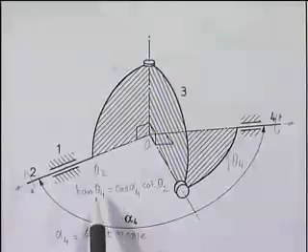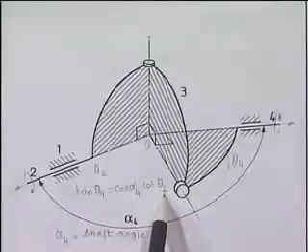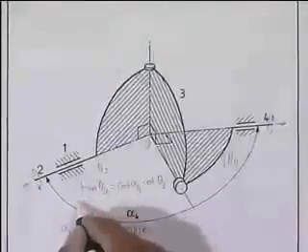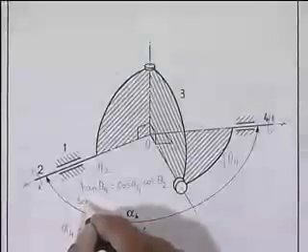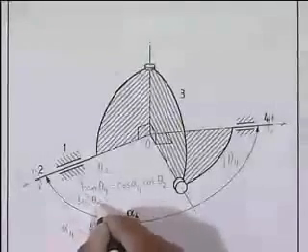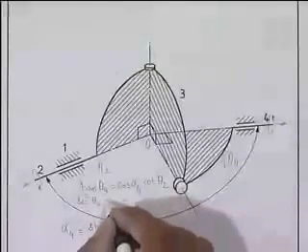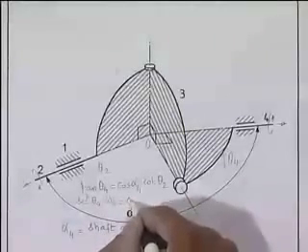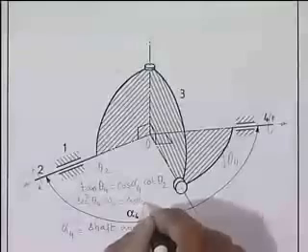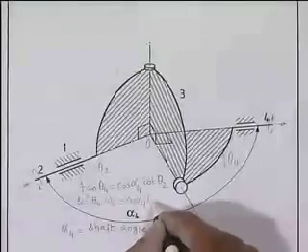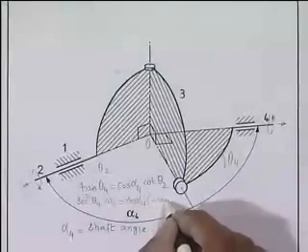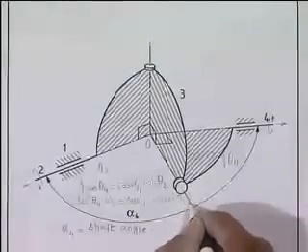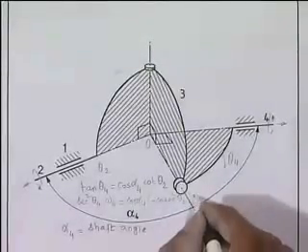It is very easy to see by differentiating this expression that the angular velocity of these two shafts will not be the same. If I differentiate this, we get sec square theta 4 into theta 4 dot, which I call omega 4, will be cosine alpha 4, and differentiation of this will give me cosec squared theta 2 into theta 2 dot, which is omega 2.